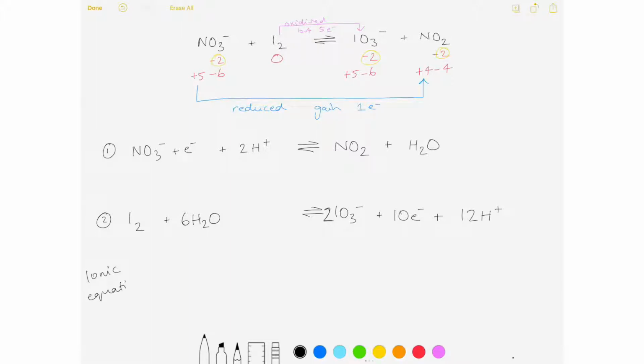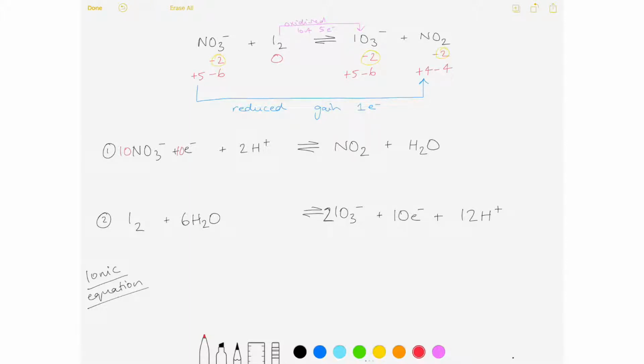Now to get the final answer, which is the combination of both half equations, remember we must cancel out all electrons, and currently the top first half equation has only 1 electron, whereas the bottom has 10 electrons. To overcome that, we can multiply the top equation by 10, a factor of 10.